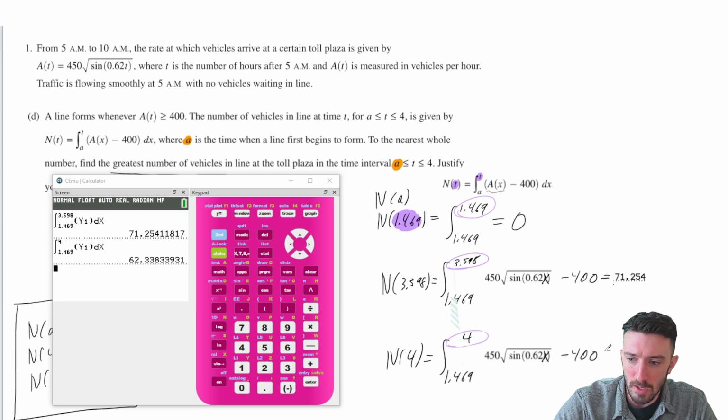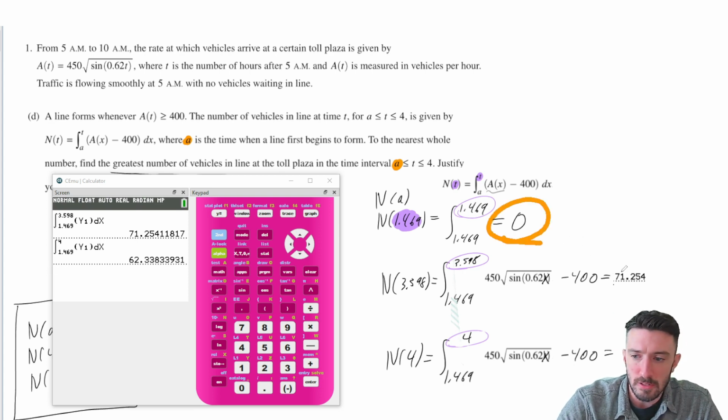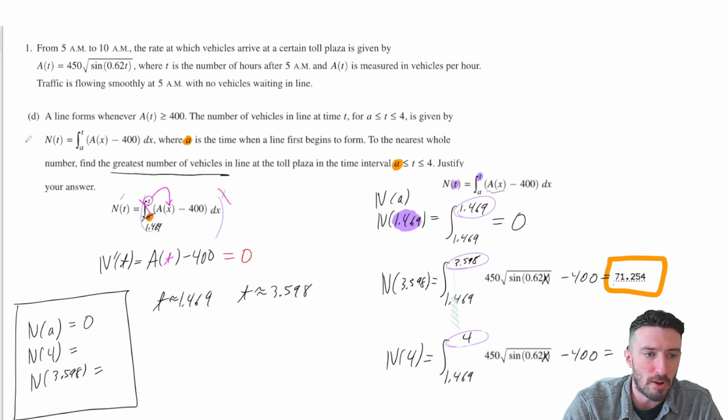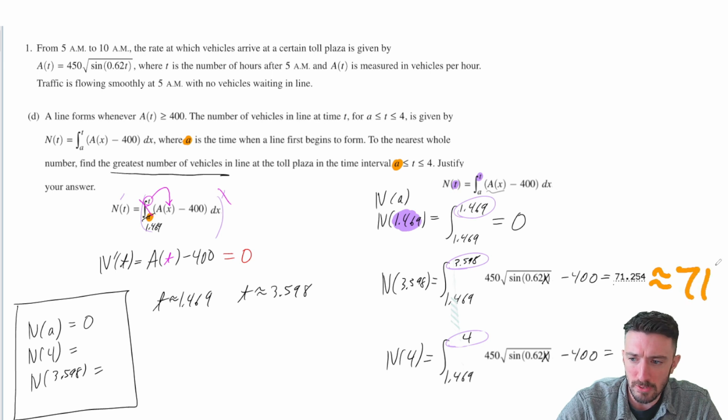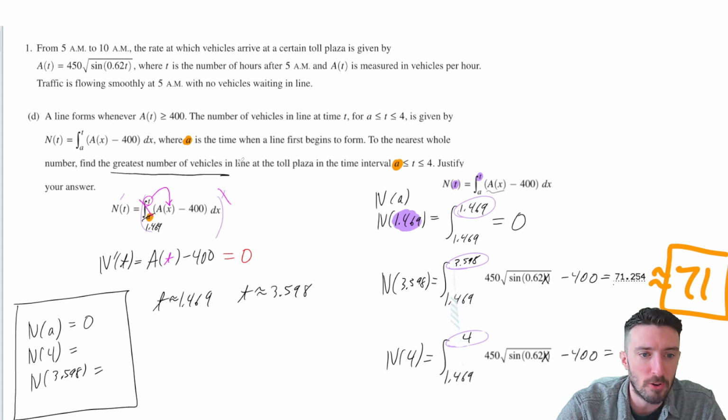So now we got these 3 answers. Now, out of 0, 71, and 62, which one is the biggest? Obviously, it's the 71. Now, they said round this to the nearest whole number. So we're going to round that to 71. And we finally figured out the greatest number of vehicles on that interval.